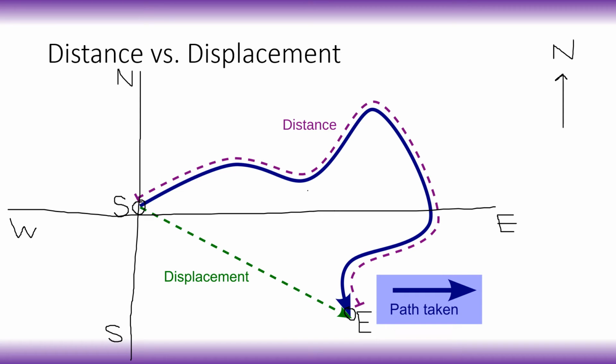Now I'm seeing that this is getting confusing with our starting and ending point labels, so I'm going to call those points A and B. We start at point A, and we end at point B. I can measure this distance one way or another.